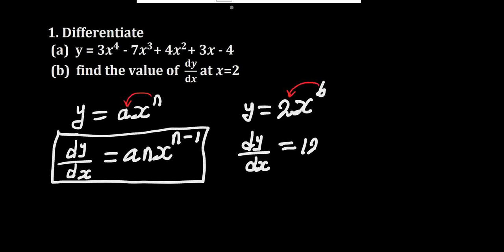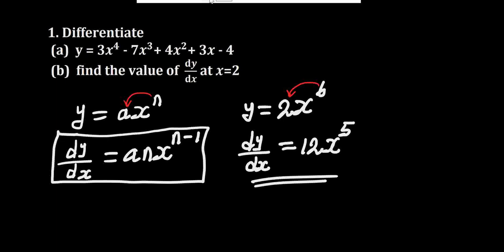So we have 12x. Now reduce 6 by 1. So x to the power of 5. So this is the answer to this question. So this is just the basic concept of differentiating a polynomial.